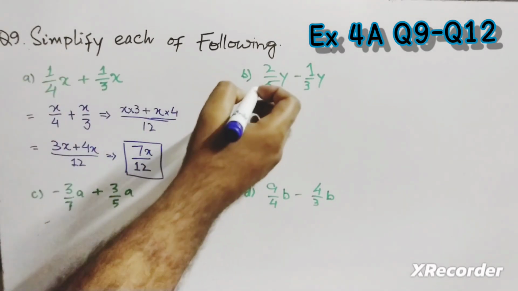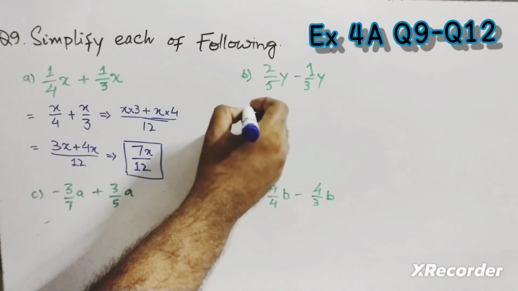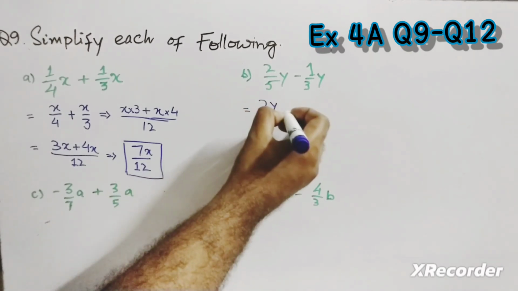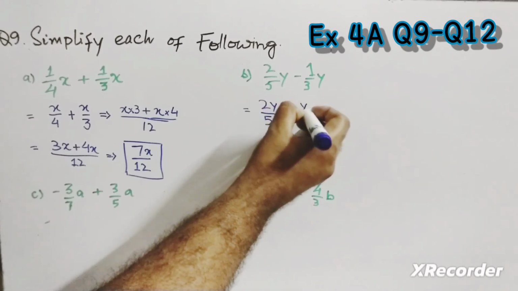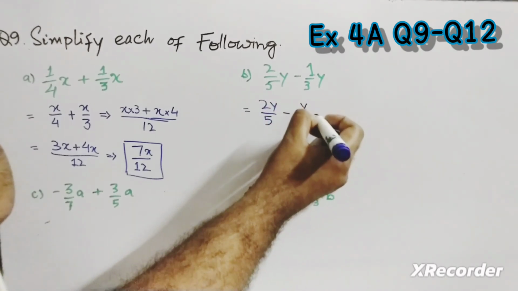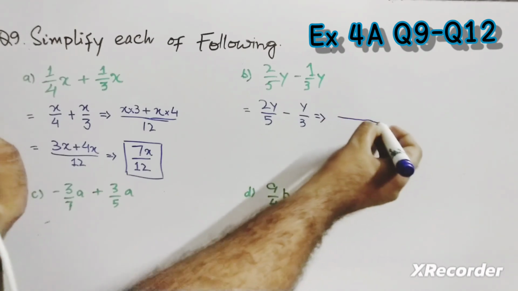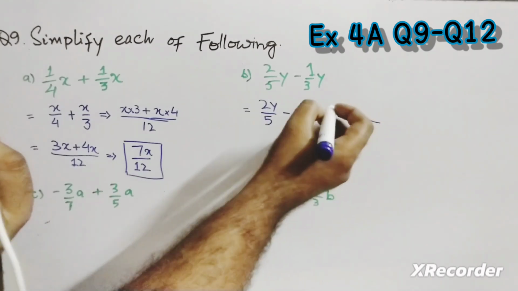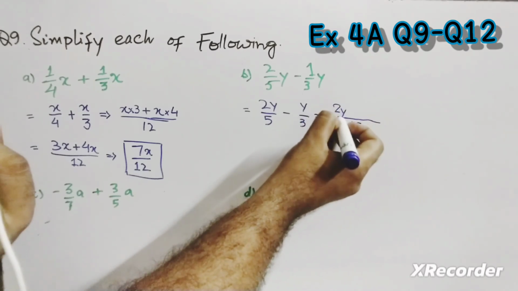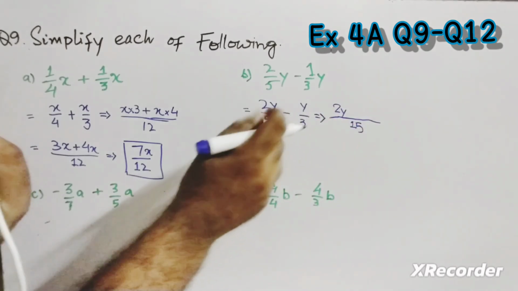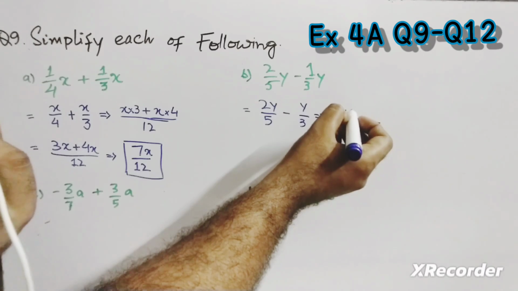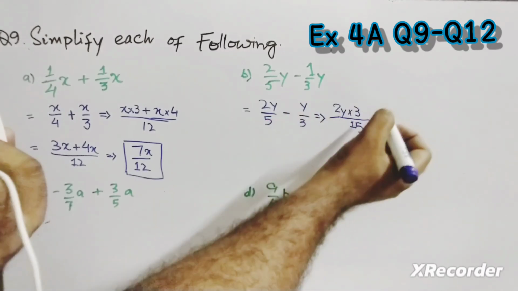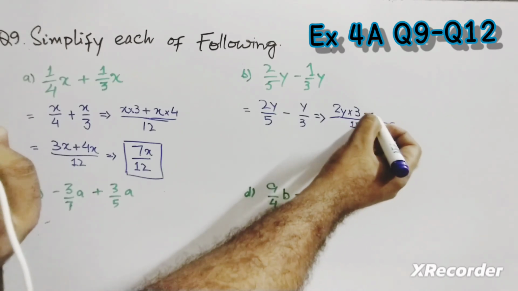Similarly, question B. First of all, we write 2y upon 5 minus y upon 3. By taking the common LCM, we get 15. Now we multiply the first numerator with 3, since 3 times 5 is 15, so we multiply the first by 3. Then put the negative sign.